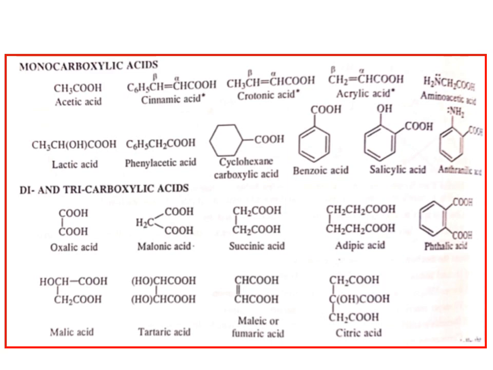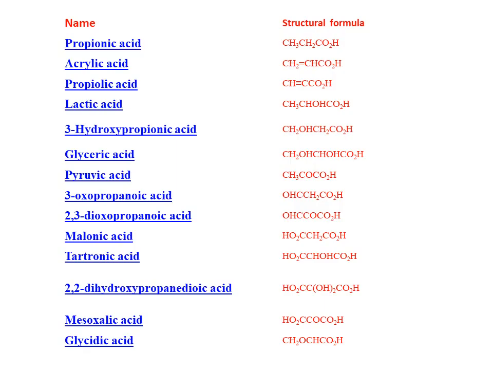Similarly, there are many tricarboxylic acids too. An example is citric acid. Citric acid contains 3 carboxyl groups. These are some other examples of monocarboxylic acids.